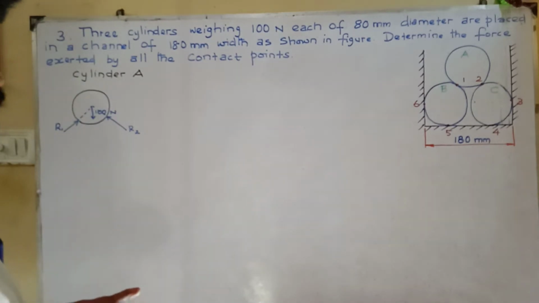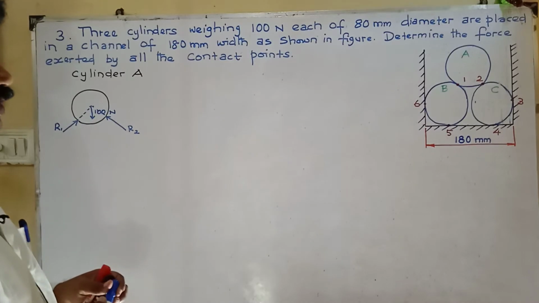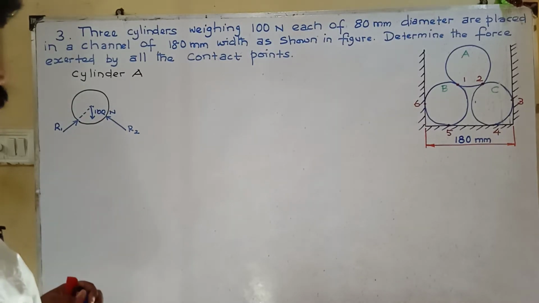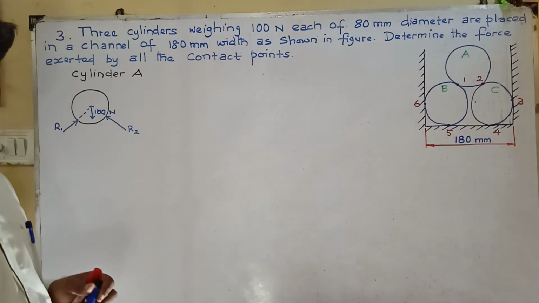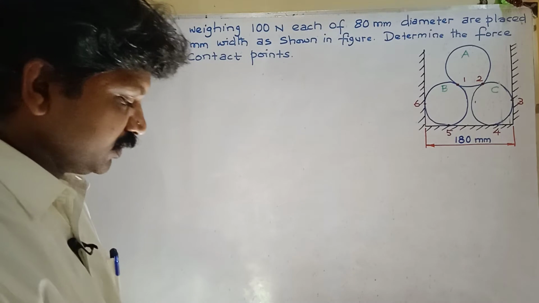So there are 3 forces acting on cylinder A. Now, how to find the inclination of R1 and R2?